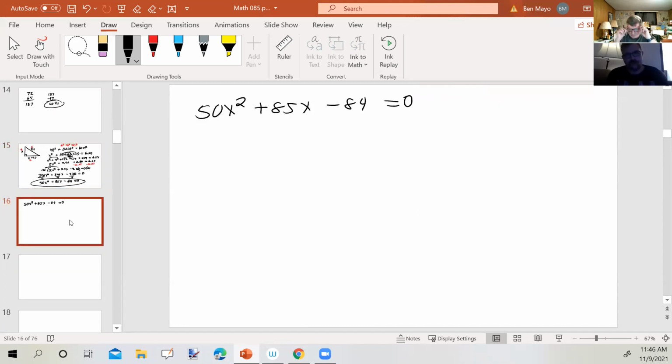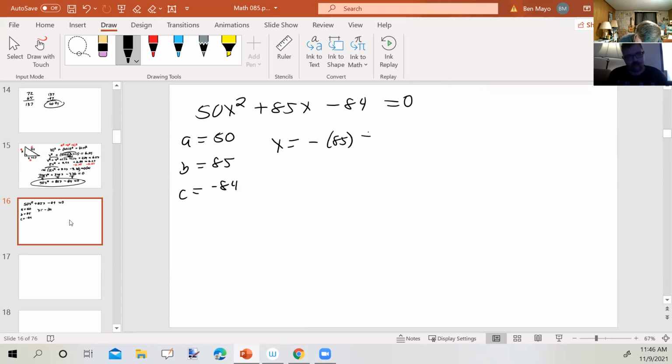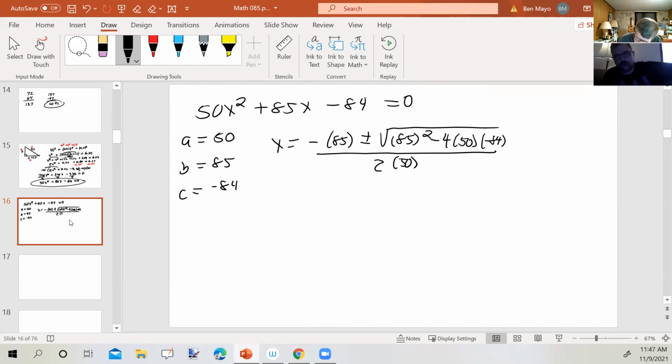All right. So A is 50, B is 85, C is negative 84, x equals negative b plus or minus the square root of b squared minus 4ac all over 2a.